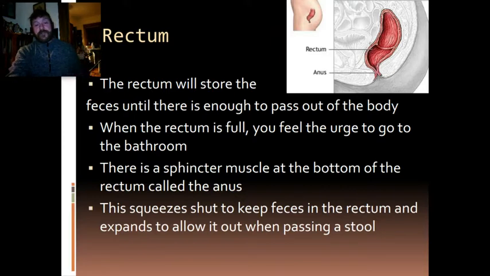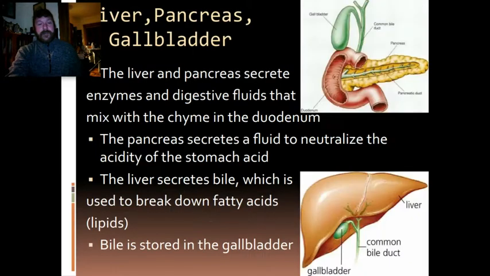When you poop, there's a muscle at the bottom of the rectum, a sphincter, which controls whether or not you go to the bathroom and keeps all that in. It would be really awkward if it didn't, because otherwise it would be in your pants all the time. So that would be bad.